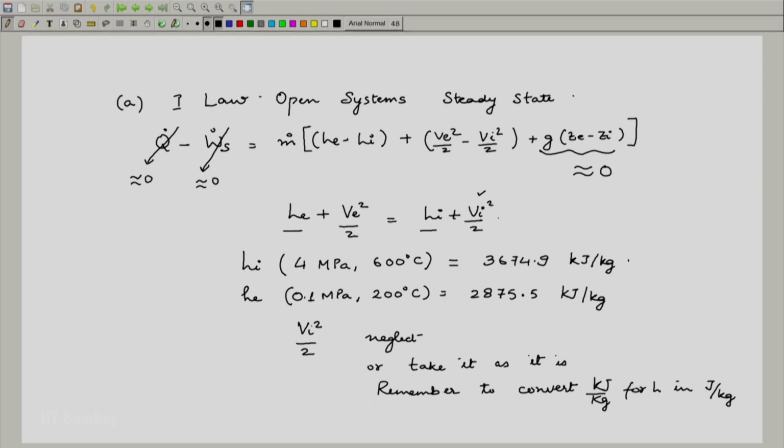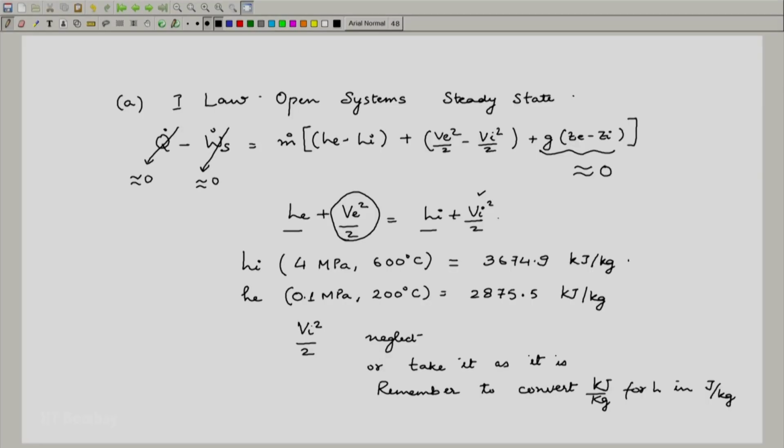So, you have all quantities except Ve squared by 2, and that can be now calculated. You can calculate Ve squared by 2 by either assuming Vi is 0 or the very small velocity that has been given. You will only get a negligible difference at probably the first or second decimal place. So, this is something that you must do.